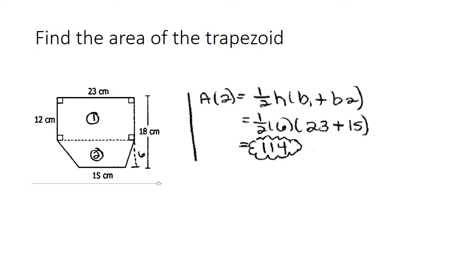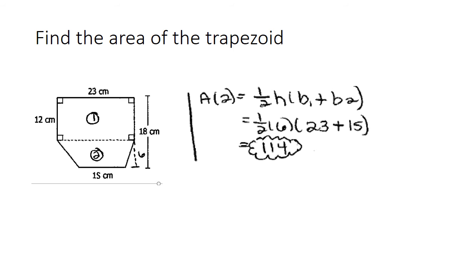For the trapezoid, we need the height and the two bases. So the segment on the bottom, the base is 15 centimeters, and we know the one on the top would be 23 because it's part of that rectangle. We need the height. The height is going to be perpendicular to the base, so in this case the height is going to be outside of the trapezoid. The rectangle is 12 centimeters.